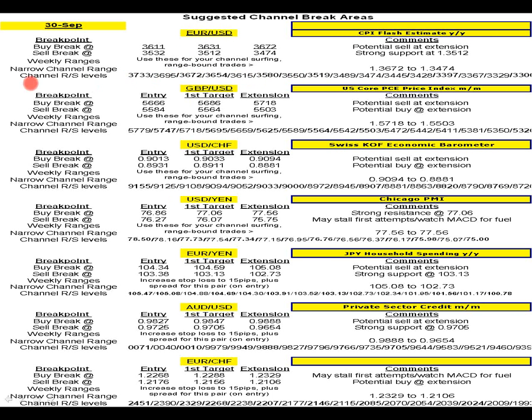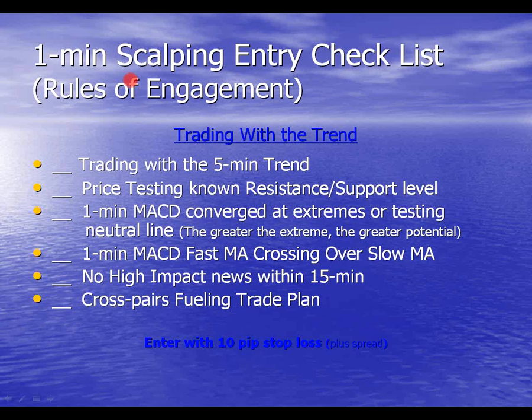Okay, so let's go through the strategy quickly here, so that we can give you an idea of how this functions. On the 1-minute scalping entry checklist, what we look for is what we call rules of engagement.